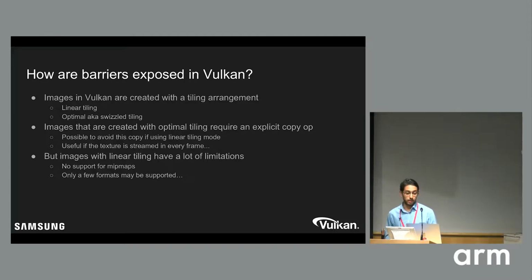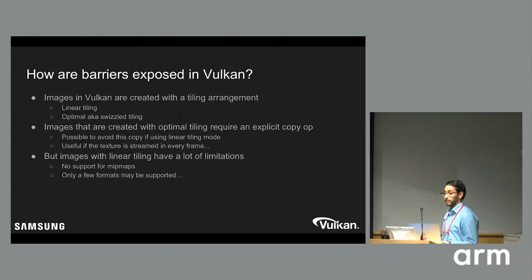Images that are created with an optimal tiling arrangement require an explicit copy, since you're actually copying the data from either a buffer, which is in a linear arrangement, or an image in a linear arrangement, to optimal. So it's possible to avoid that copy if you're using linear, and that can be useful in some cases where you're dynamically updating the image every frame or something.